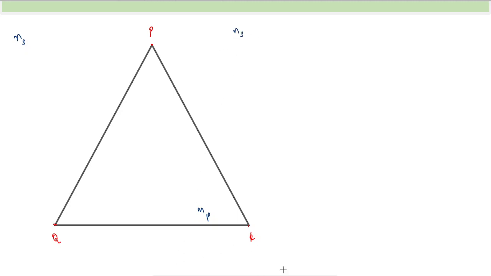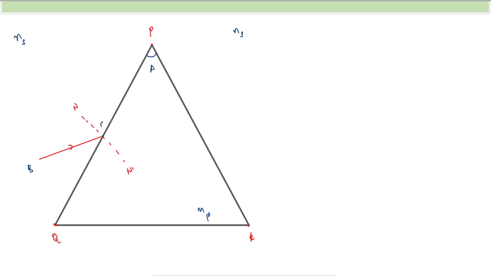Now we'll take a light ray which falls on the face PQ. Let's draw the normal at this point, and let this be called N dash. The angle of prism is A. Let this be BC.